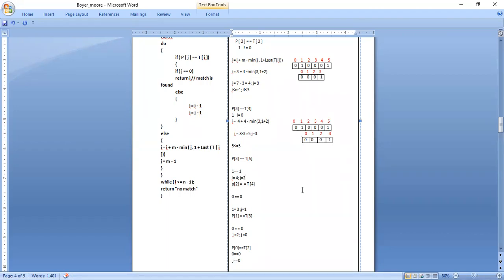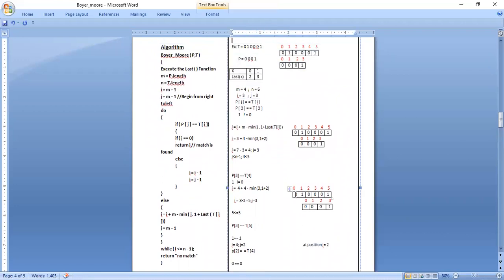I equal to 2. So at position I equal to 2, I have found my pattern. This was the process of the Boyer-Moore algorithm by using the bad character rule.